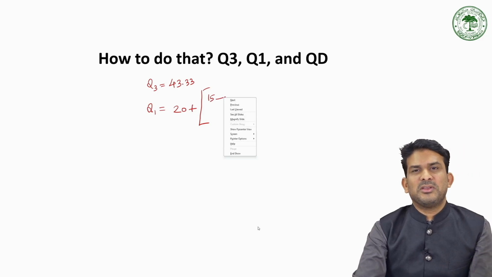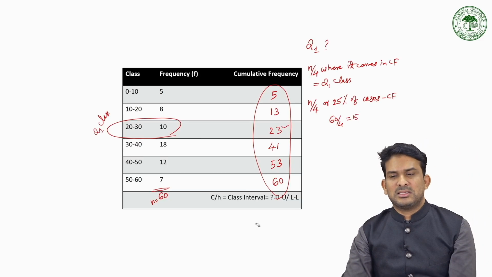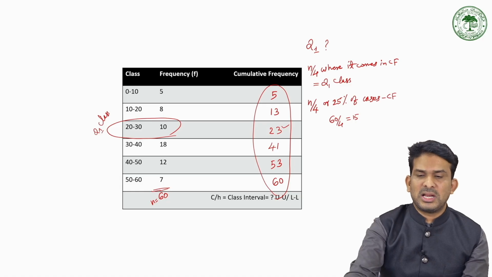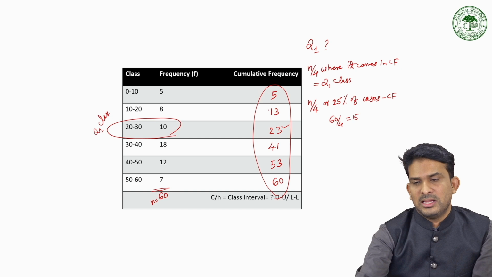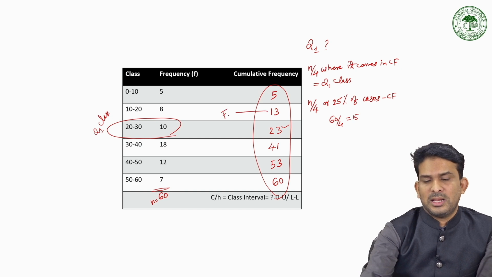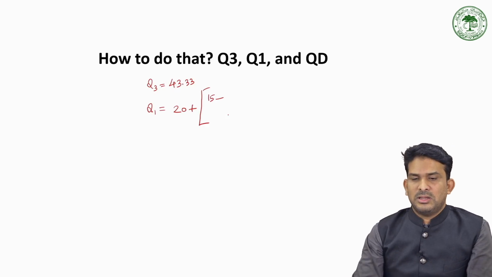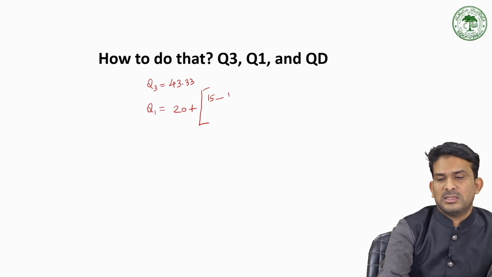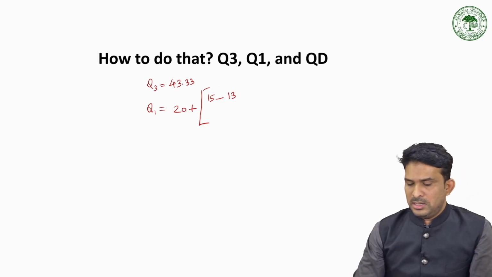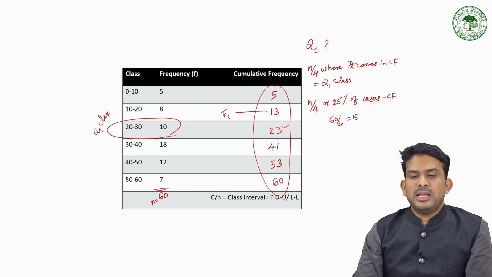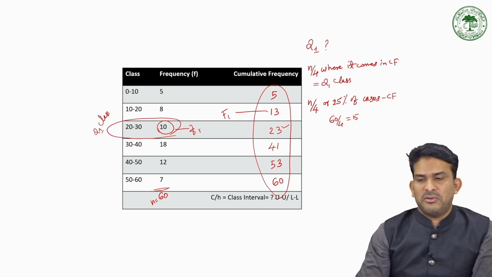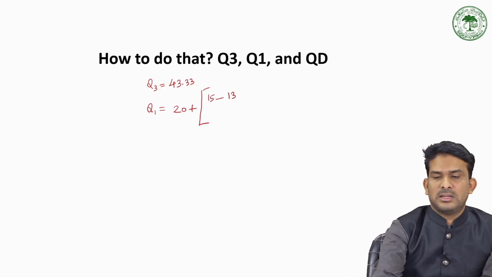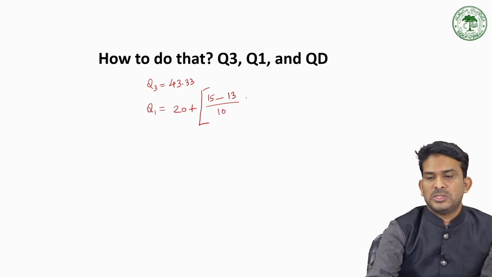minus cumulative frequency up to the Q1 class. What is the cumulative frequency of the class preceding the Q1 class? Up to the Q1 class, it is 13. Clear? This is capital F1, right? So I'm writing F1, this is 13. Am I right? Yes, 13. Now I need the corresponding frequency. What is the corresponding frequency? This is small f1. This is 10, divided by corresponding frequency, into class width.